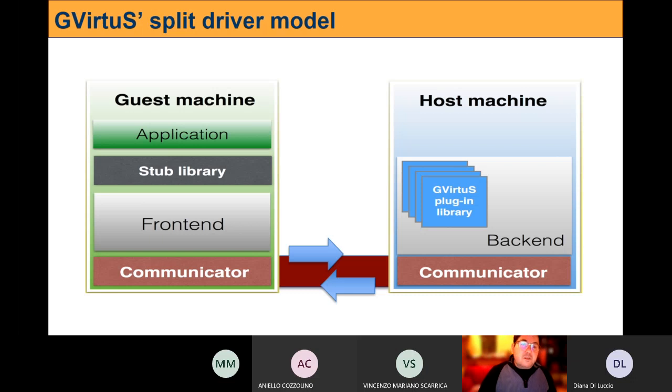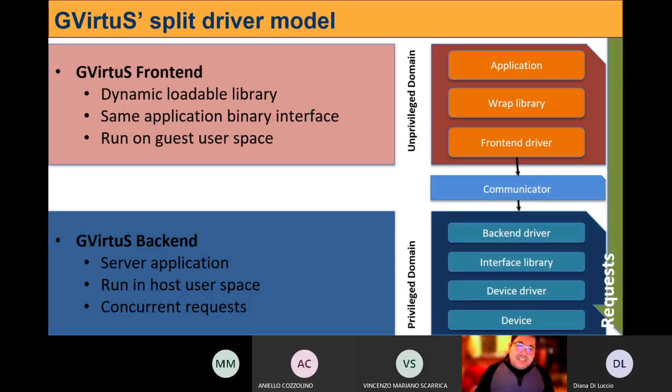It should be executed by the machine where the application runs, but instead of executing a real library with a function summing two values, another library is invoked with exactly the same signature, which instead interacts with the backend using a communicator. The backend produces the actual computation, then the results are sent back to the front end. GVirtuos works exactly in the same way. The other interesting thing is where the components run.